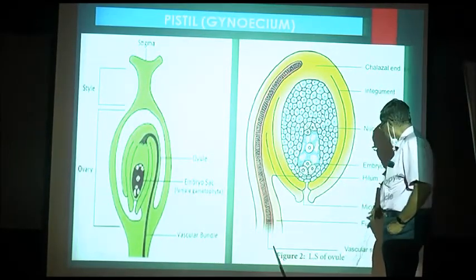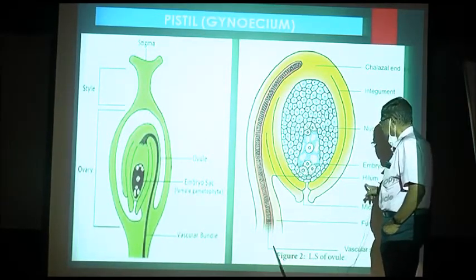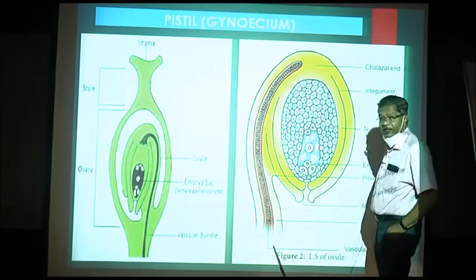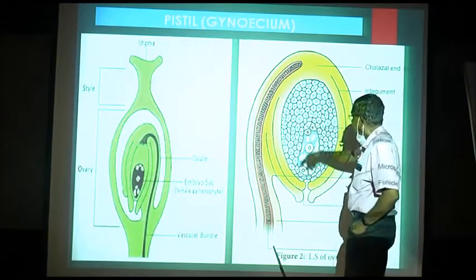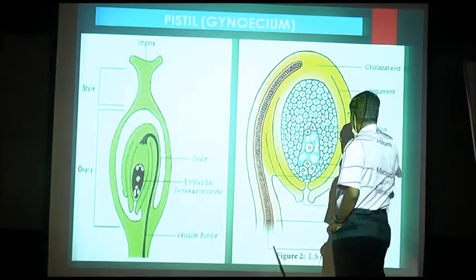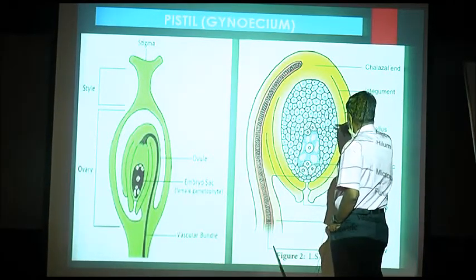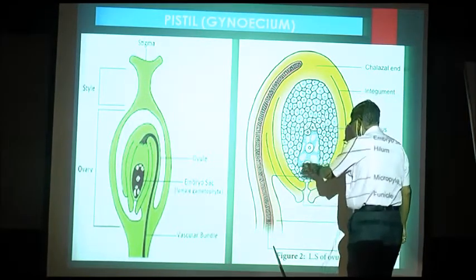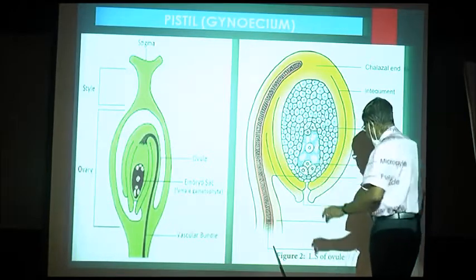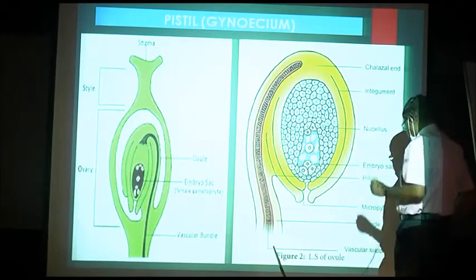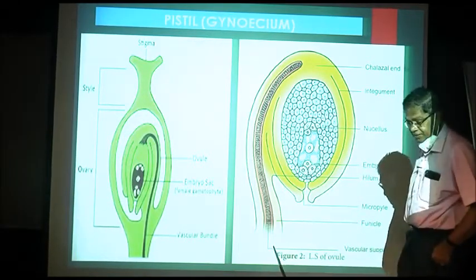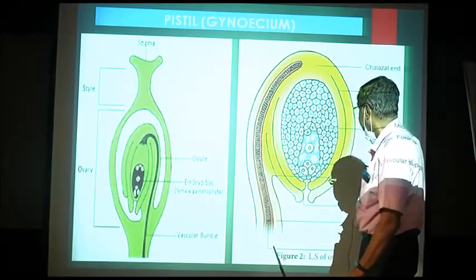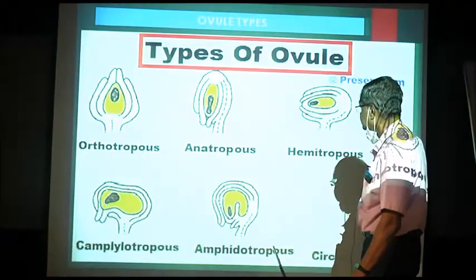At the tip there is the micropyle, and at the center there is the nucellus, and around this there are integuments, outer integument and inner integument. Inside the nucellus, the embryo sac develops.